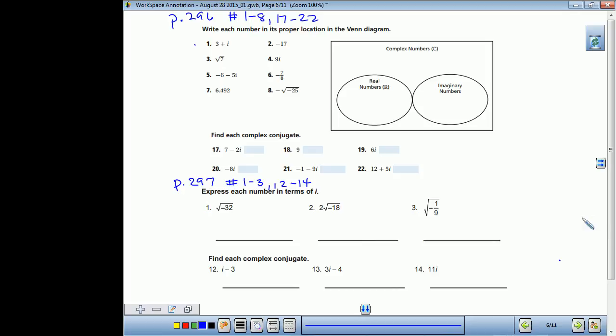For number 7, is that a dot? It's a dot. That's 6.492. 6 and 492 thousandths. They're on 2 different pages, 296 and 297.